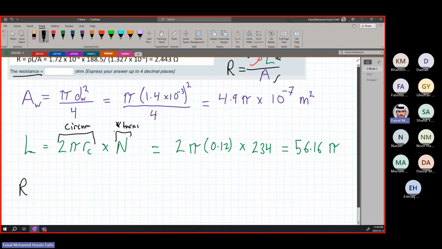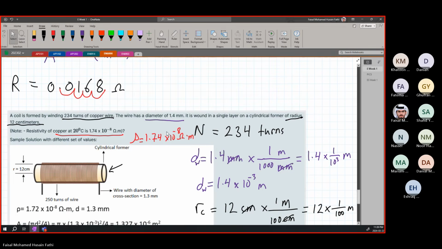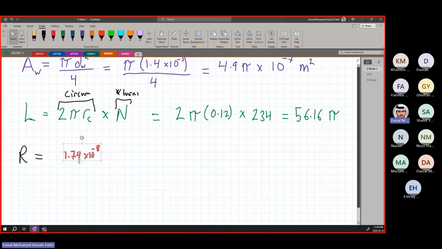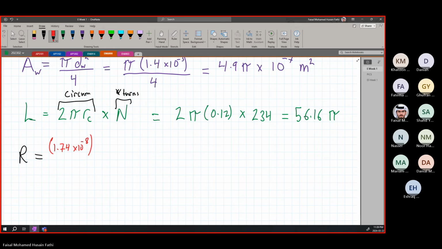So the resistance is going to be equal to 1.74 times 10 to the power minus 8. This is our rho. Times the length. The length was found to be 56.16 pi. Divided by the area.